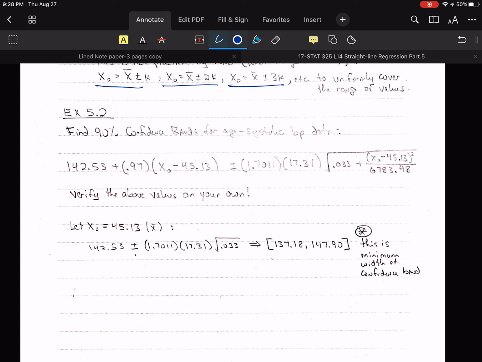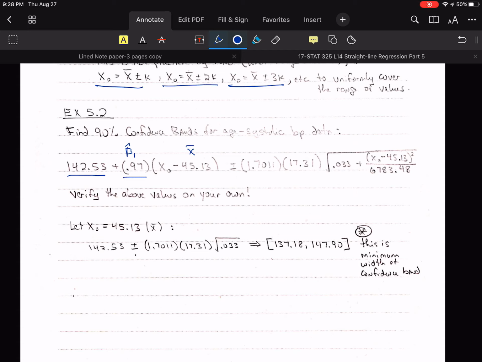And if you remember, we had the results of, let's see, what is this, y bar here, and then we had beta 1 hat, and then we have x naught minus x bar here.